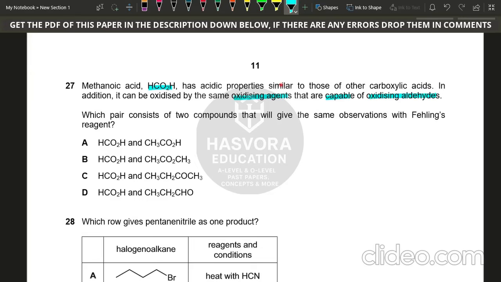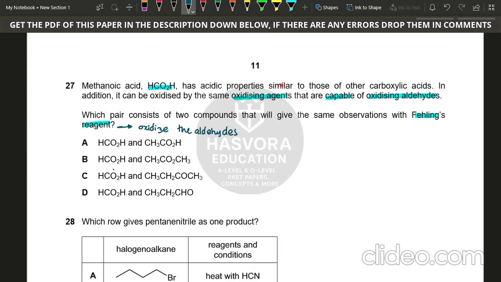Okay, so what happens with Fehling's reagent is that it can oxidize the aldehyde. Okay, it is a slight oxidizing agent. And now based on the information they have given you, the reagents that can oxidize the aldehydes can also oxidize the methanoic acid.